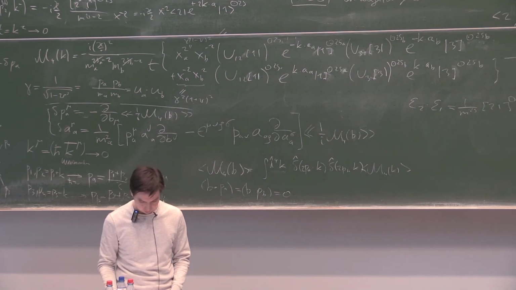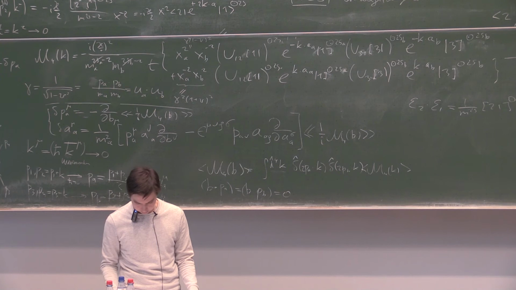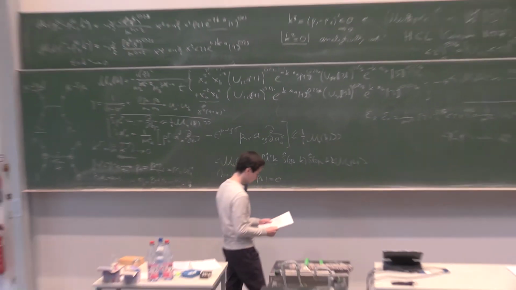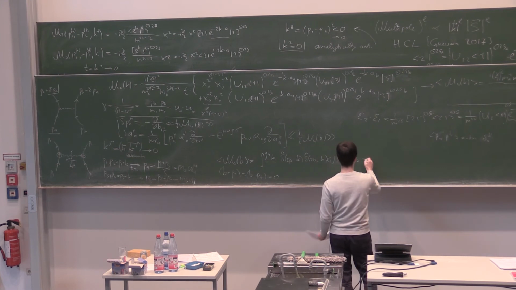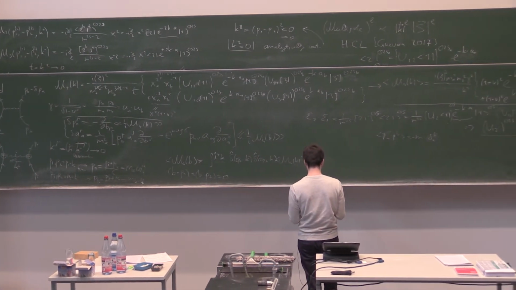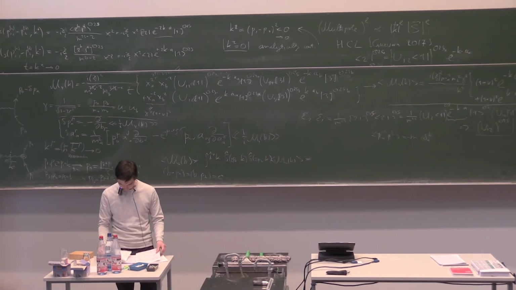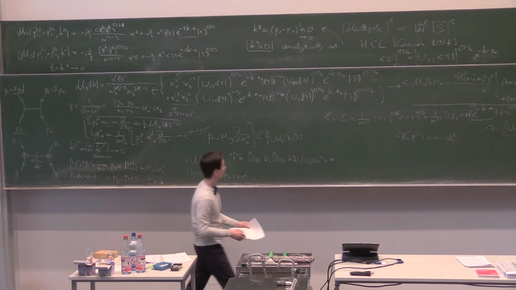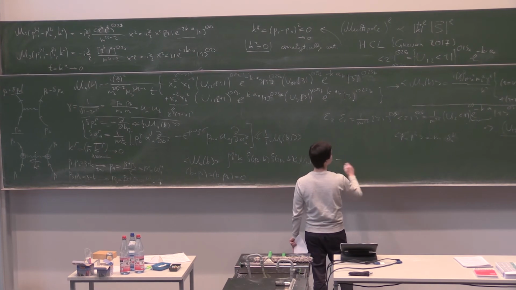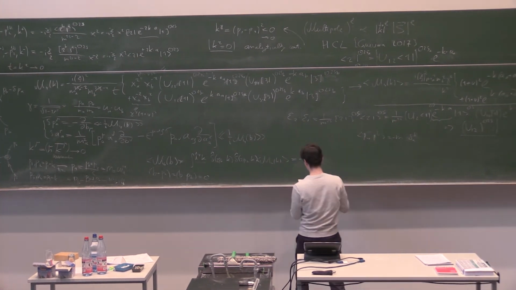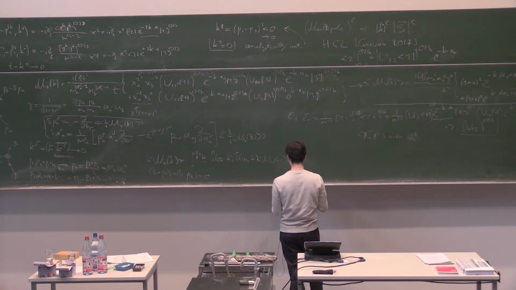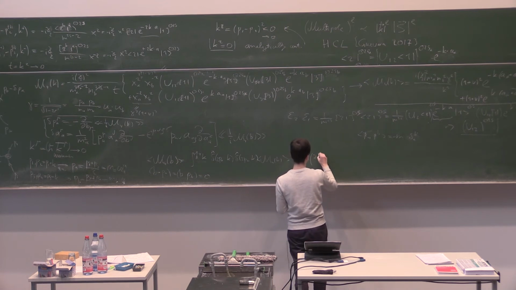It's a two-dimensional Fourier transform. It's easiest done in the center of mass frame, but the answer can be written absolutely Lorentz invariantly if I find the right sheet. So just by performing this transform, I get this expression.